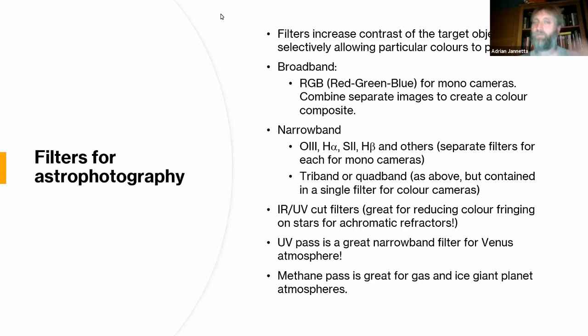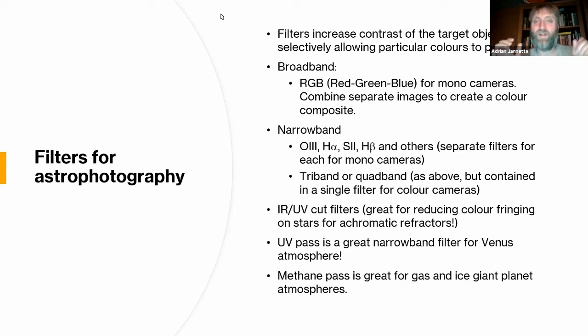You can combine those with mono cameras to make color images. Now the difference between color and mono is resolution in some ways, because in a color camera you've got a little array of sensors made from red, green and blue pixels, and in a mono camera you just have pixels which are sensitive to light.